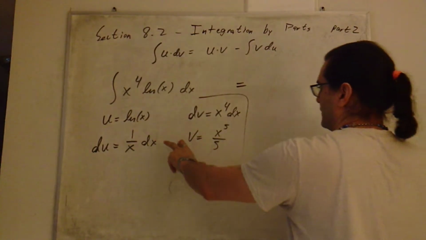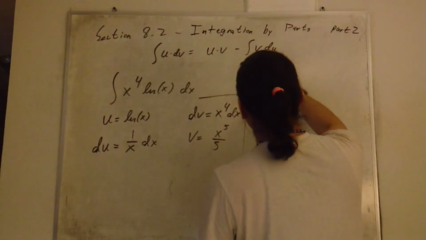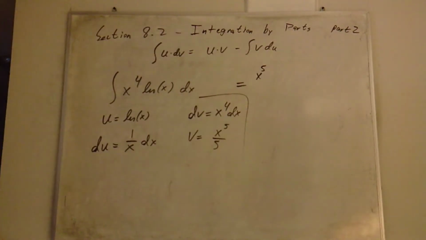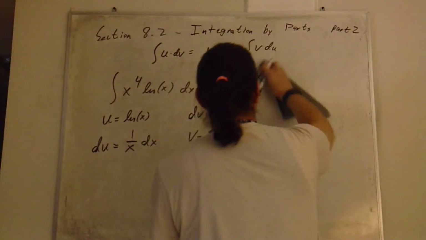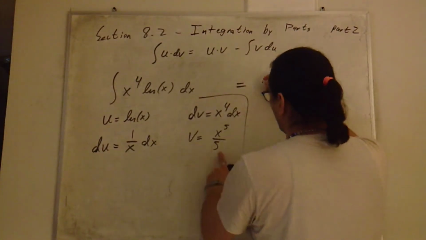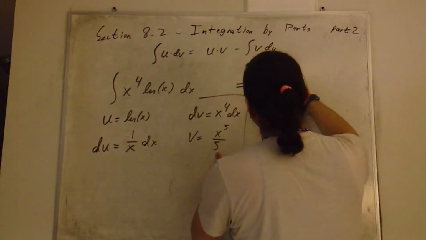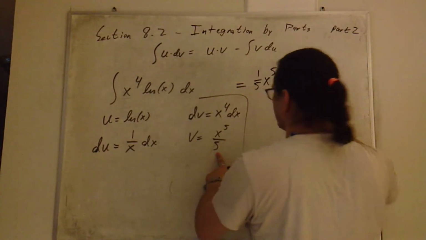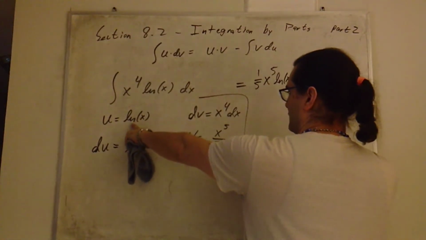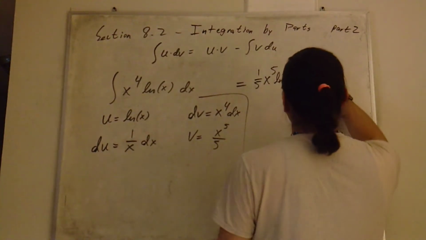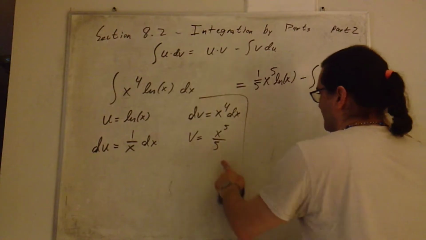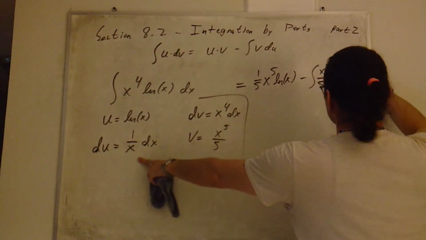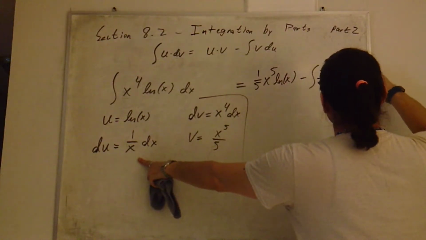So, this integral should equal u times v. So, let me start using coefficient fractions. Those will be a little easier. 1/5 x to the fifth ln x is what happens when I multiply u and v together, minus the integral of v, x to the fifth over 5 times du, 1 over x dx.